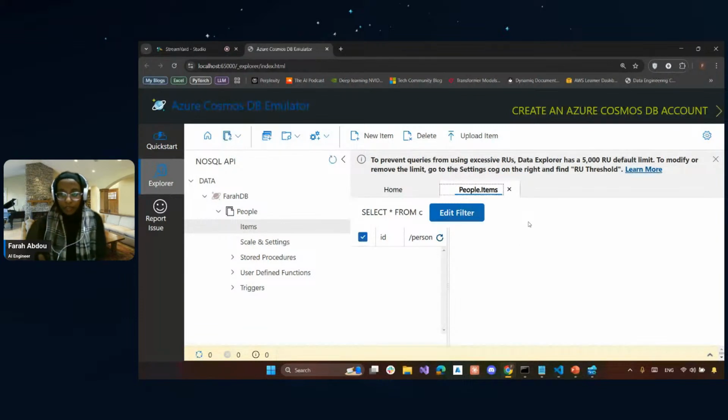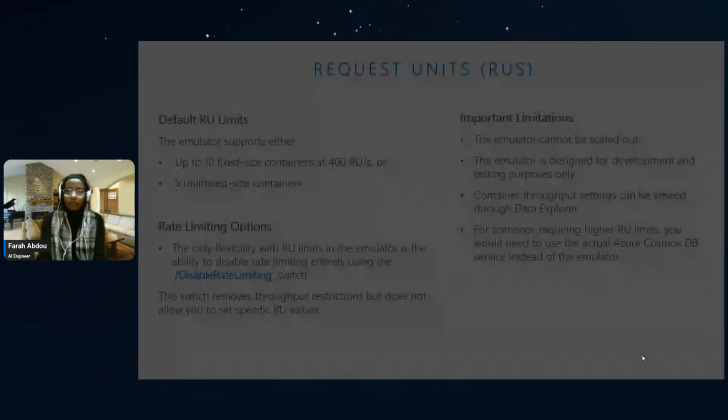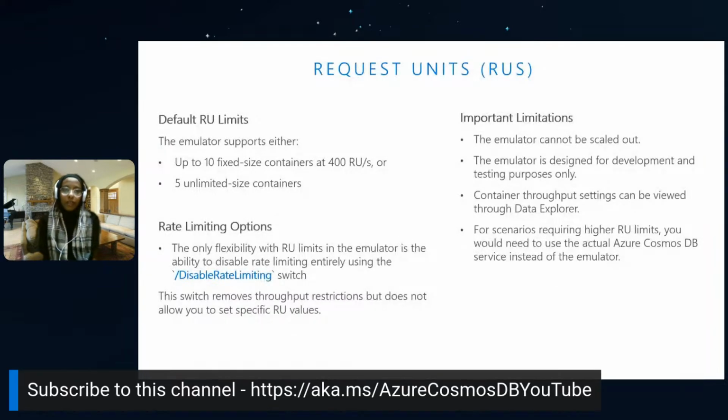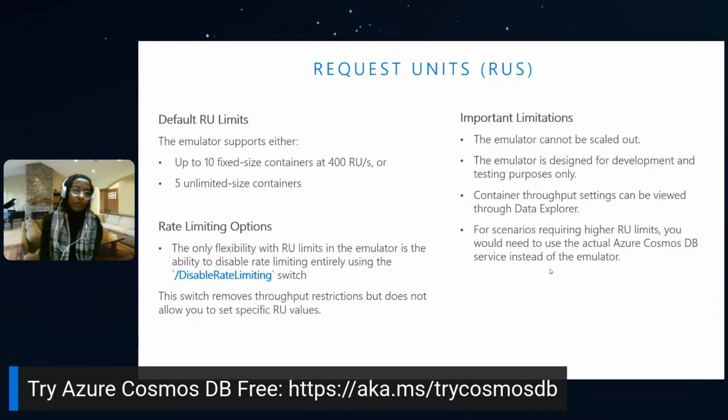We have another way, but let's jump over to our presentation again and learn some information about the request units, or the RU. We have some limits in the emulator. Of course, we have up to 10 fixed size containers at 400 RU, or you can have 5 unlimited size containers.